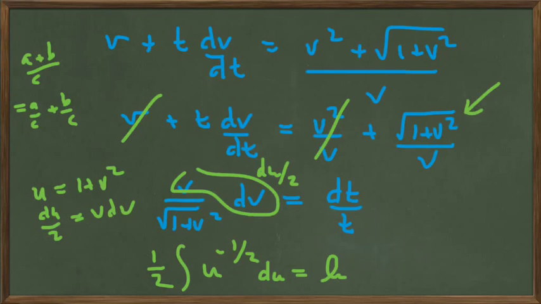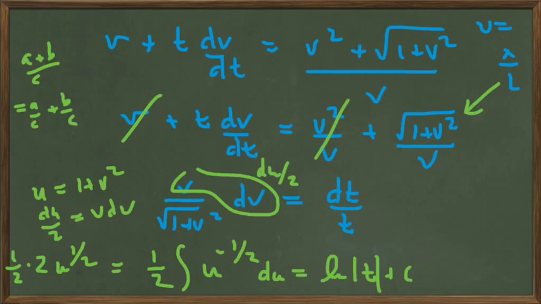We can just go ahead and integrate the right side and get ln t plus c, and then let's integrate the left-hand side, so the constant 1/2 is still there. u to the minus 1/2 integrates to 2 u to the positive 1/2, and now we have the solution, we just have to switch back to the original variable.